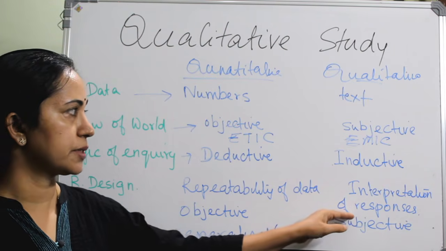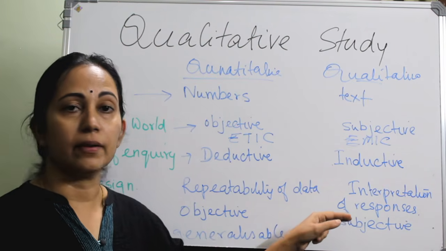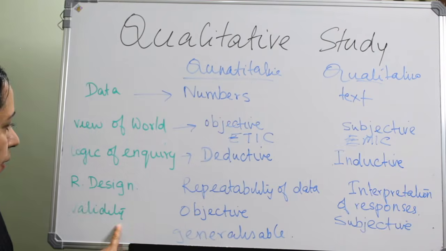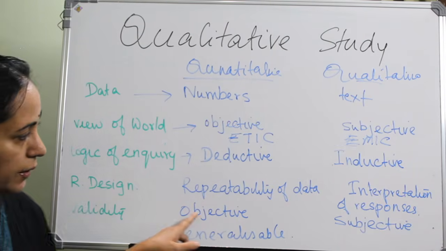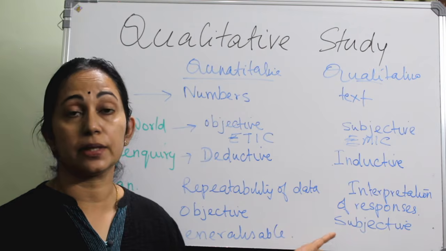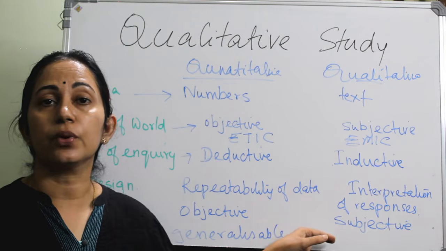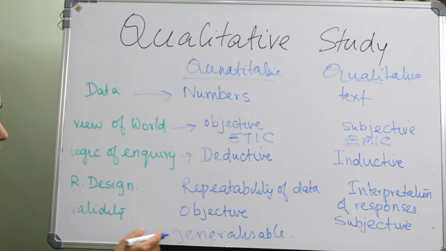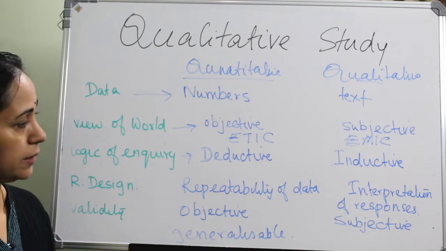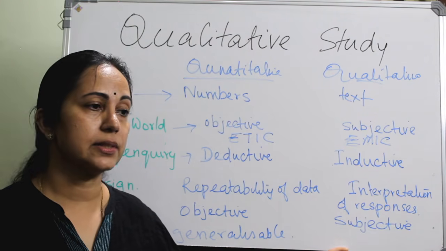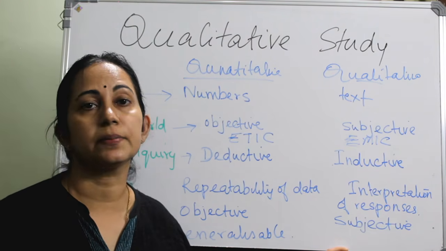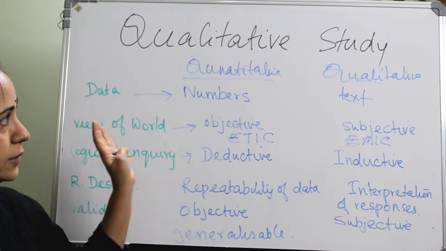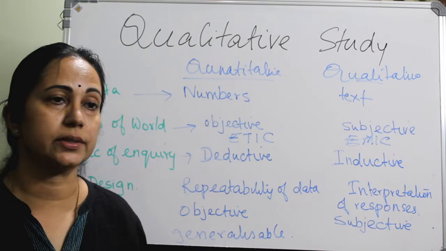Then interpretation of responses: the validity is more with a qualitative study, and the validity is objective where it is subjective here. The validity is more of a credibility in the case of a qualitative design, and here the findings can be generalized, but qualitative requires changing that into abstract interpersonal cultures. These are the differences between qualitative and quantitative.